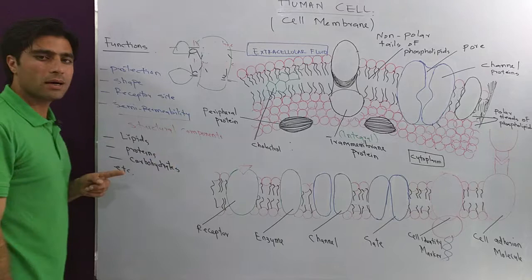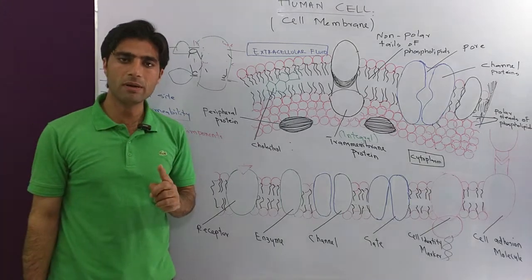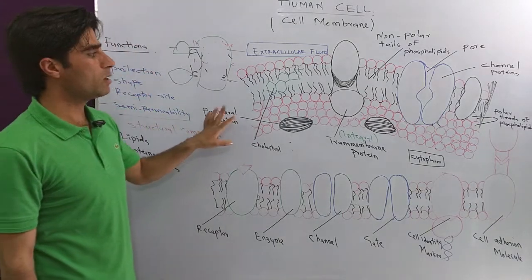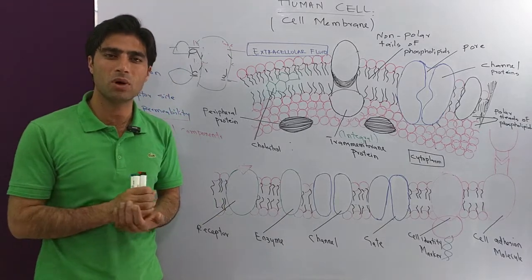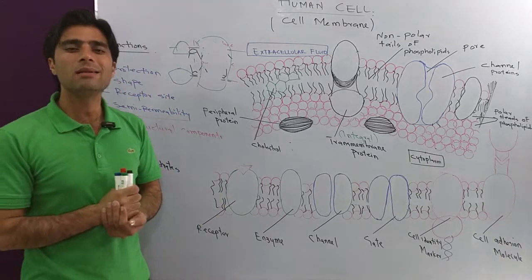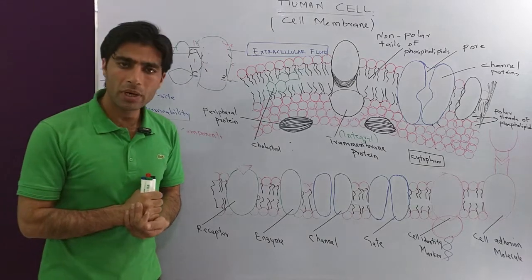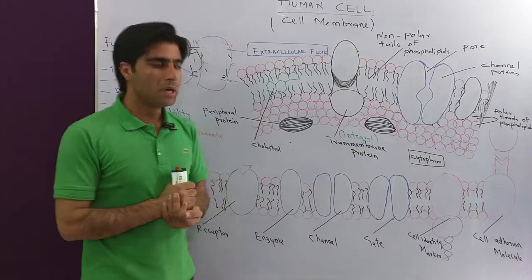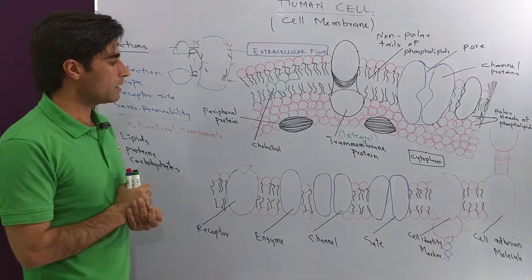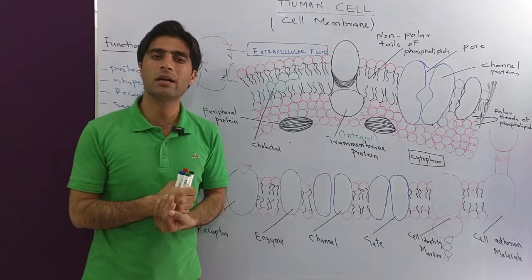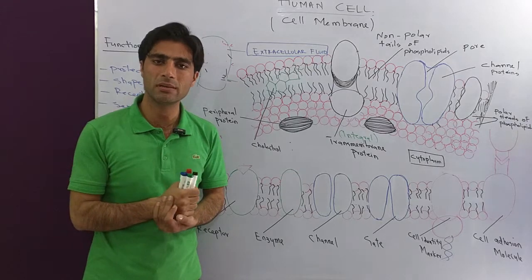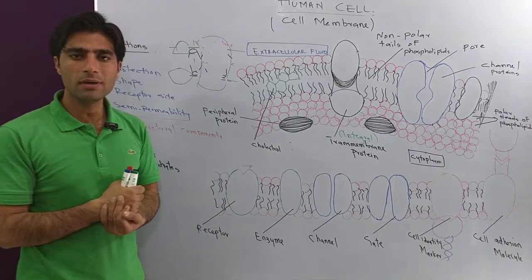So these four are the major functions of the cell membrane. And as I told you, the most abundantly present biomolecule in the cell membrane is phospholipid, or in other words lipid. And among lipids there are certain other molecules such as proteins, carbohydrates, glycoproteins, lipoproteins and others, which possess different functions.